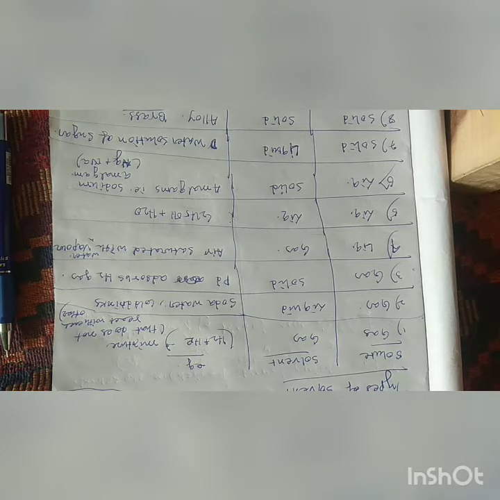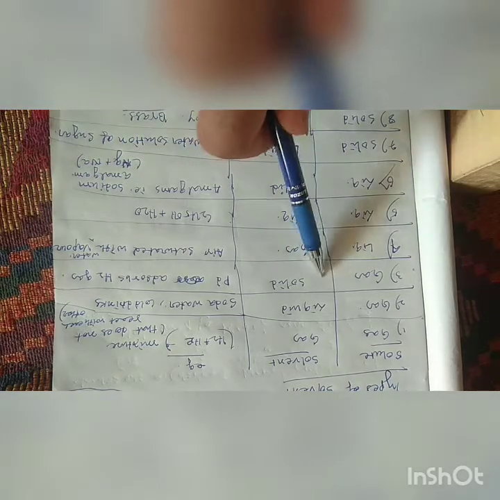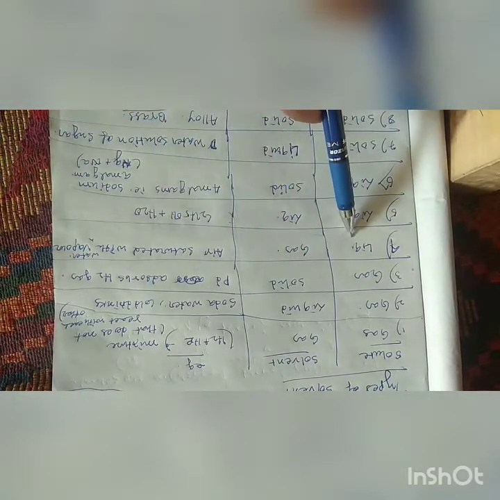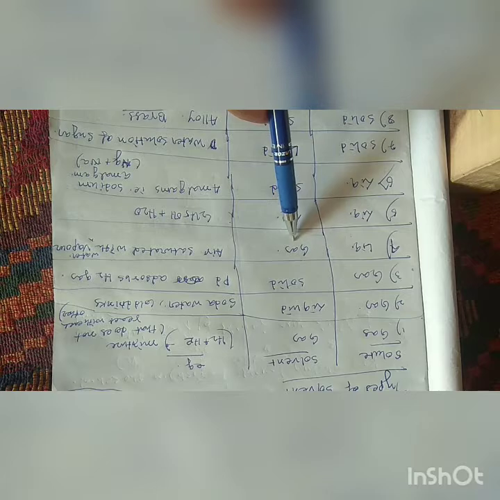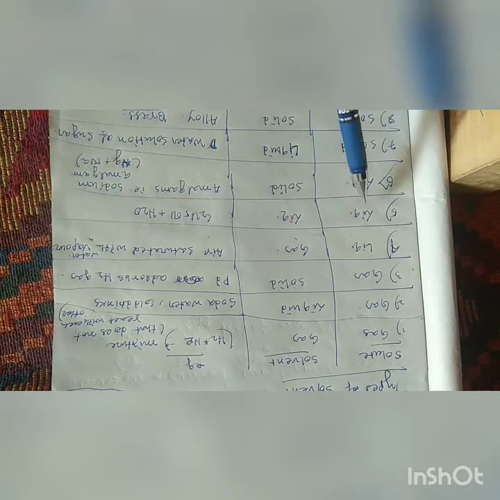Gas solute, solid solvent: palladium absorbs hydrogen on its surface. This is a solution where palladium is the solvent and H2 gas is the solute. Then liquid solute: liquid in gas, that is air saturated with water vapor.